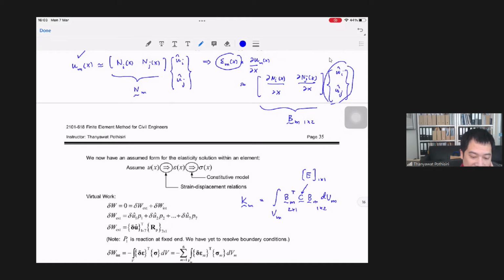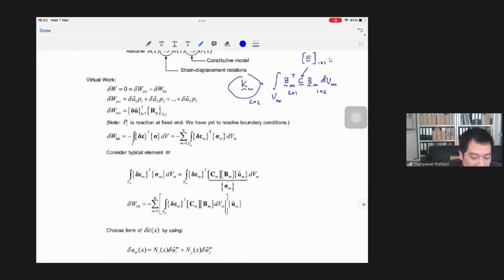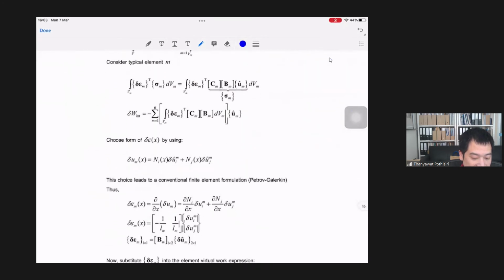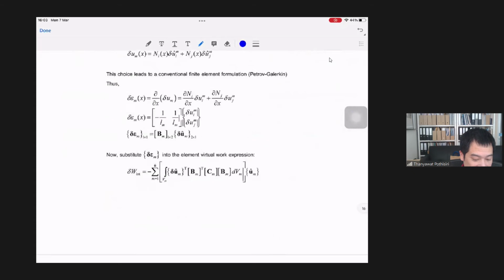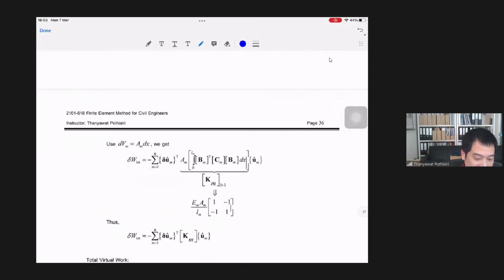So this K matrix would become a 2-by-2 matrix then. All right, so you can simply use this to obtain a 2-by-2 matrix that looks something like this, for each of the elements.